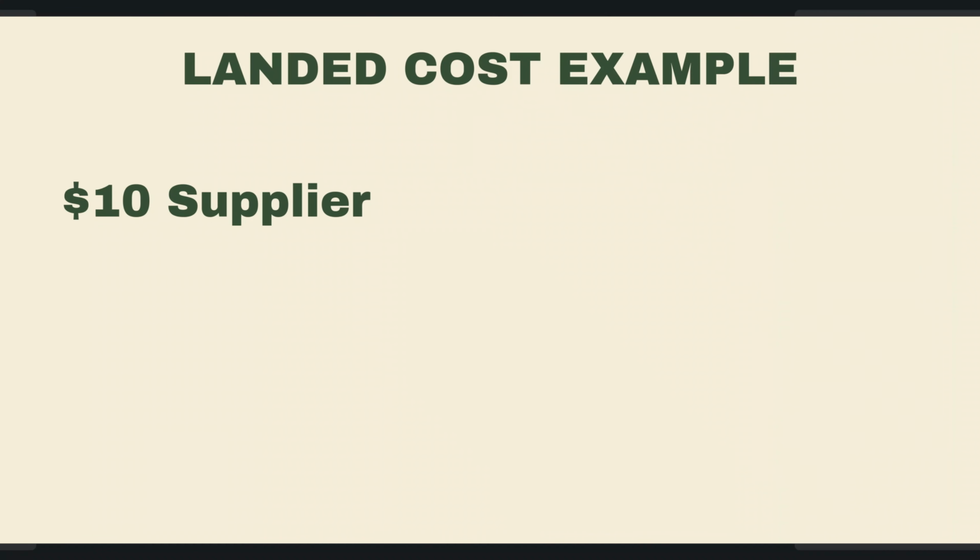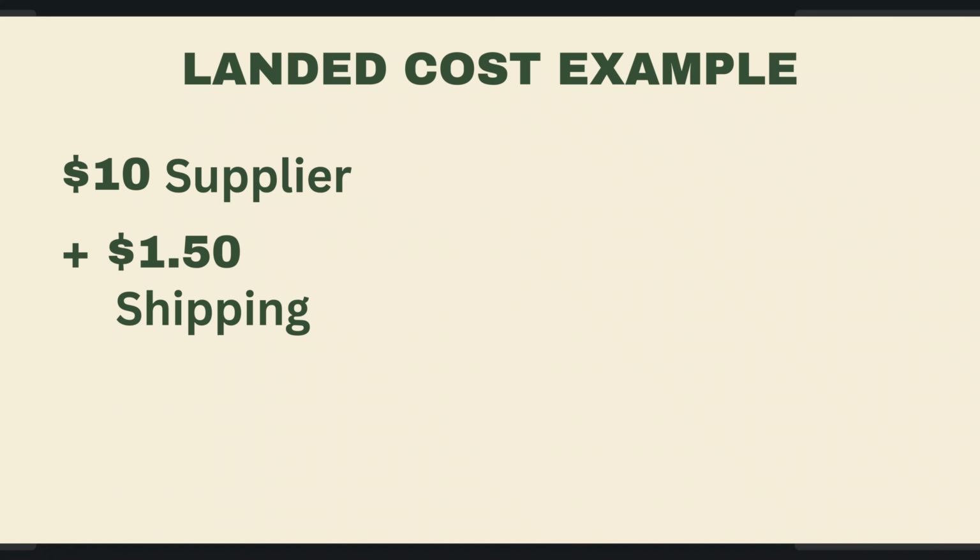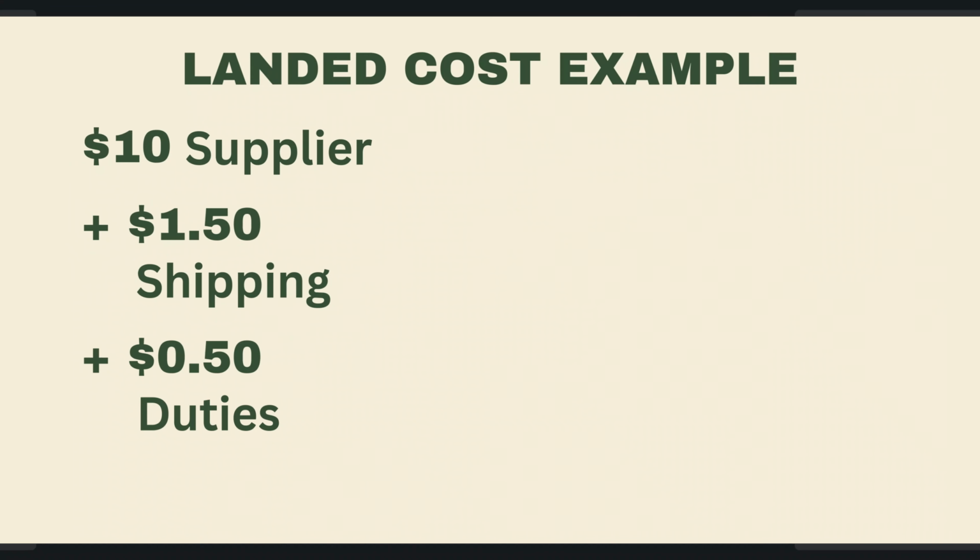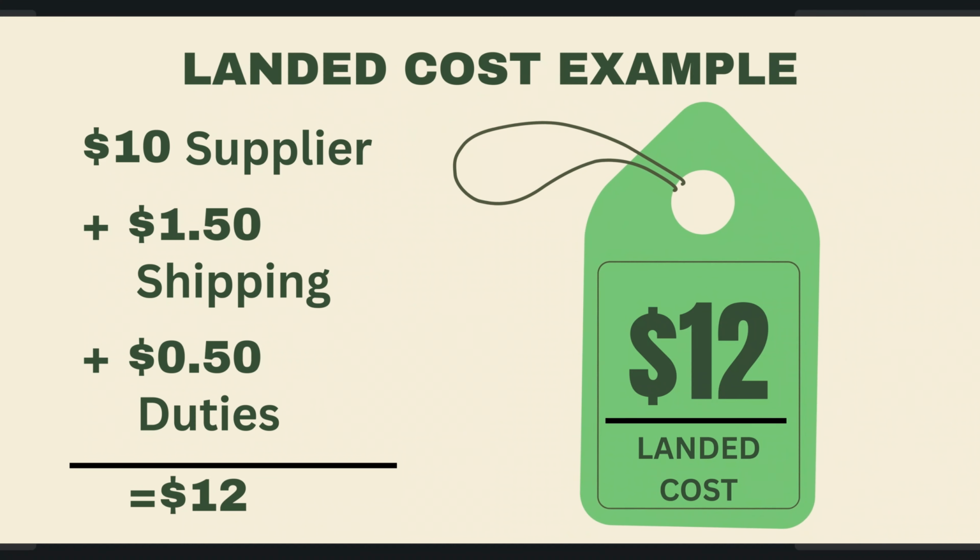Imagine your supplier sells you a product for $10 per unit. That's the invoice price. But then you spend another $1.50 on shipping and maybe 50 cents on import duties. That means your true cost per unit is actually $12.